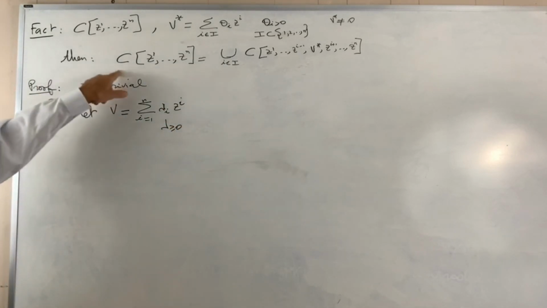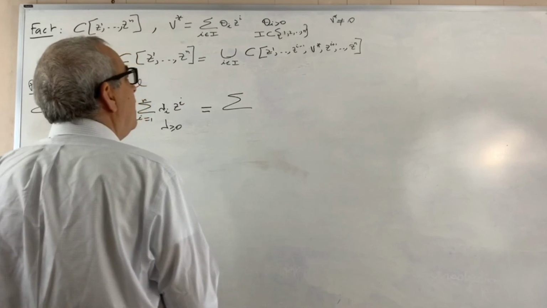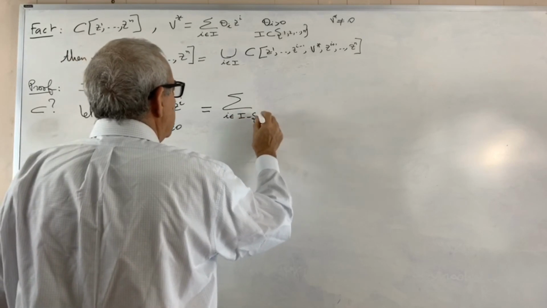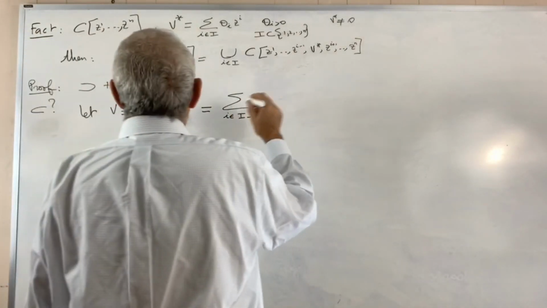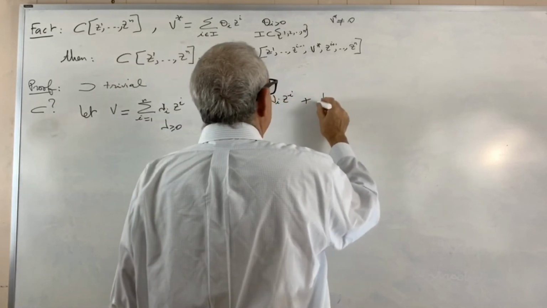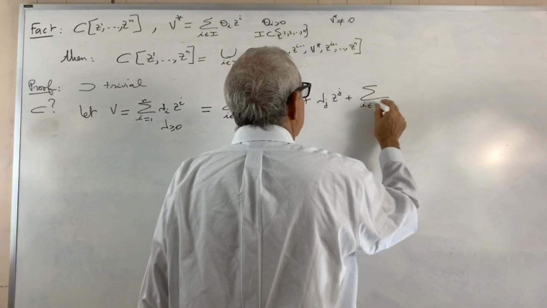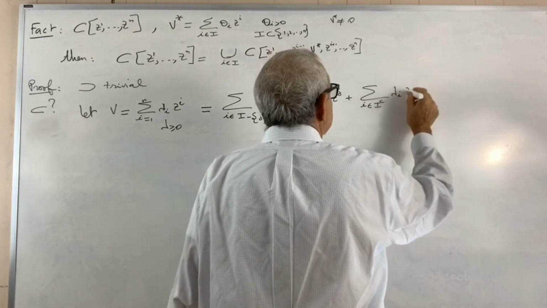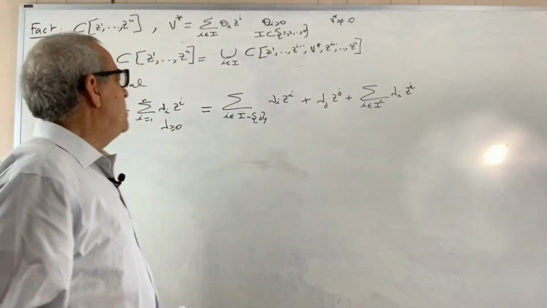So this represents any point in C. Now I'm going to break this in two pieces: the sum over i in I minus j of lambda i Zi, plus lambda j Zj, plus the sum over i belonging to I complement of lambda i Zi. I've just separated Zj from here.